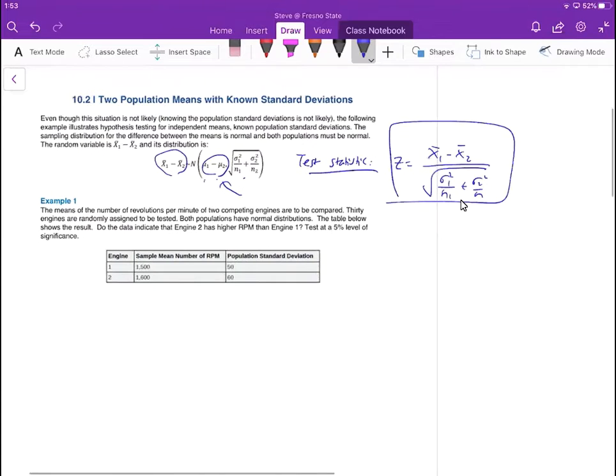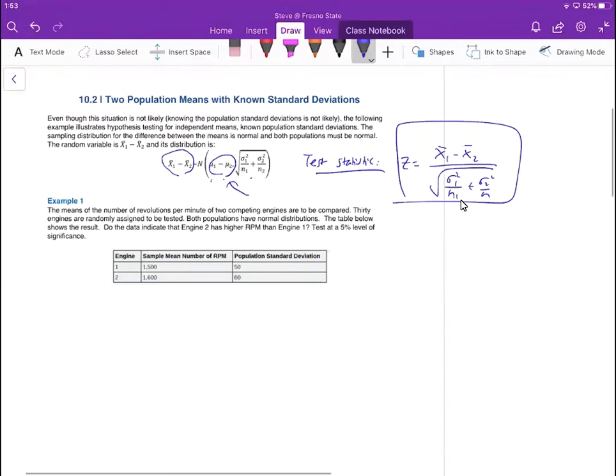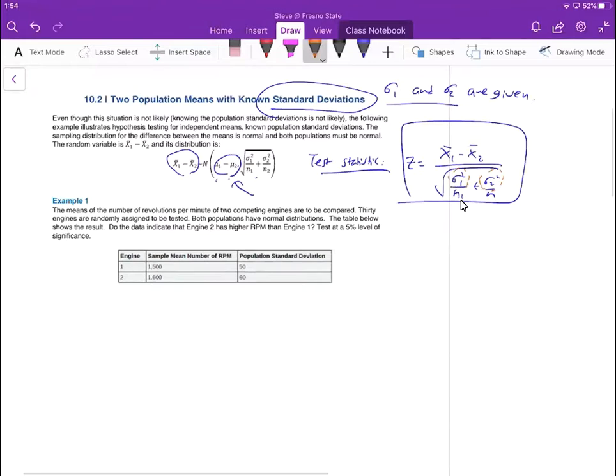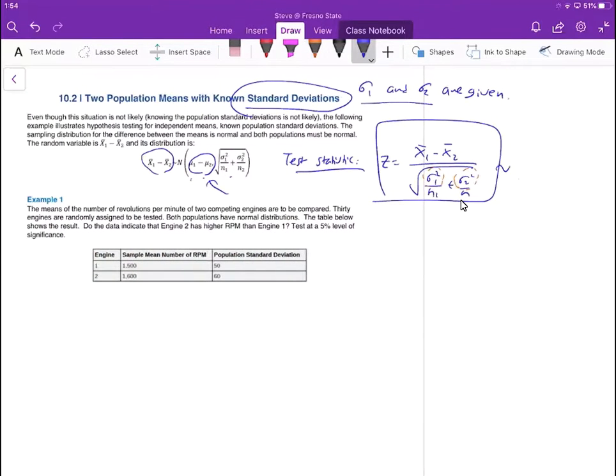In this case, the standard deviations sigma 1 and sigma 2 are given. If you're given these two, then I can plug in these two numbers and compute the test statistic. It makes the problem a lot easier because I deal with the standard normal distribution. So this makes it a lot easier to come up with the decision.